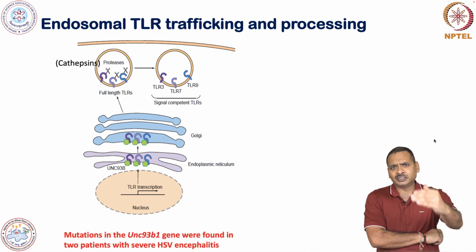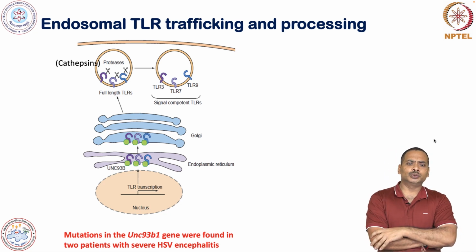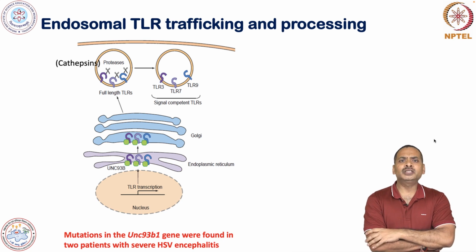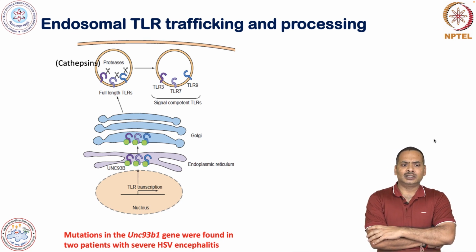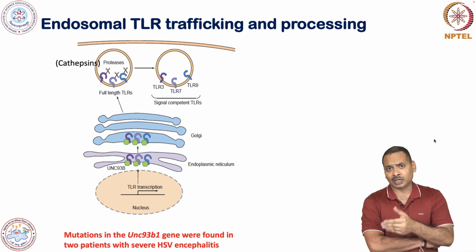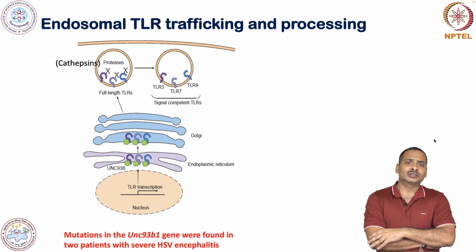If there is a mutation in this molecule, UNC93B1, then severe HSV encephalitis will happen. This severe infection is quite complicated to control.